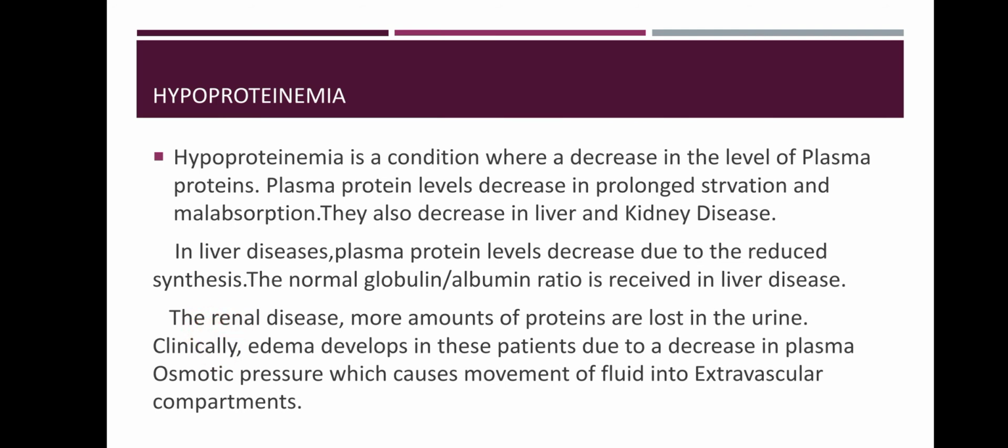And next we will see renal disease. Renal disease means large amounts of protein are lost in the urine. When a large amount of protein is lost in the urine, it is known as renal disease.